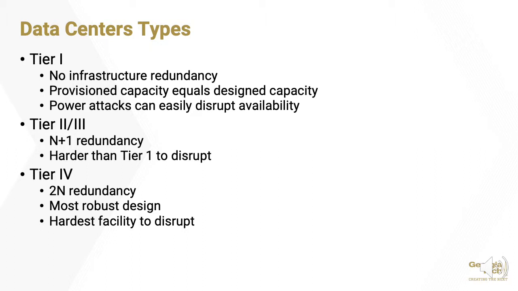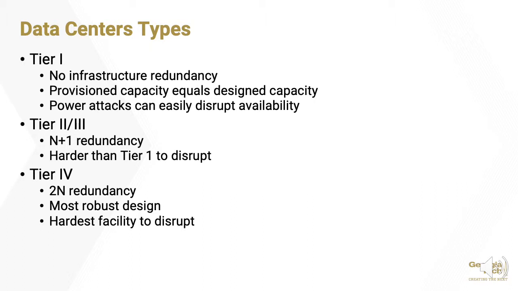Tier 2 and Tier 3 data centers are built to an N+1 redundancy model, meaning there's one redundant backup to support the other N number of nodes within this facility. If any of the nodes are down, the facility looks like a Tier 1 data center because there's no backup at that point.